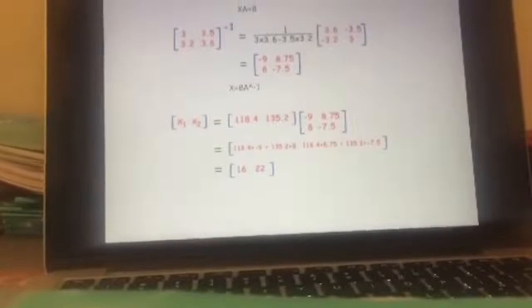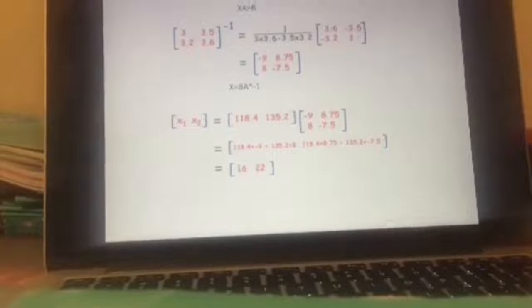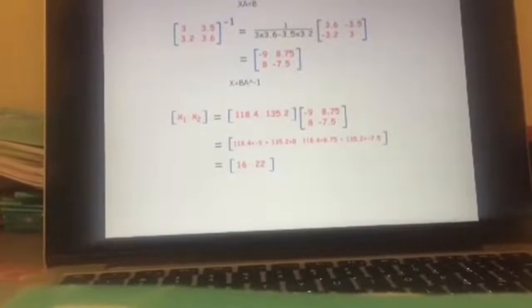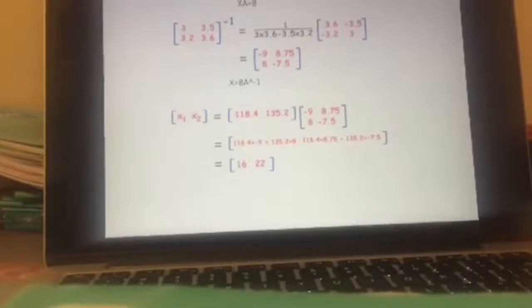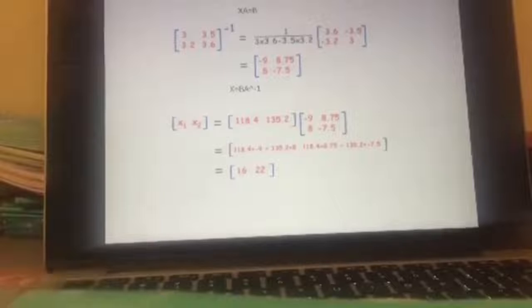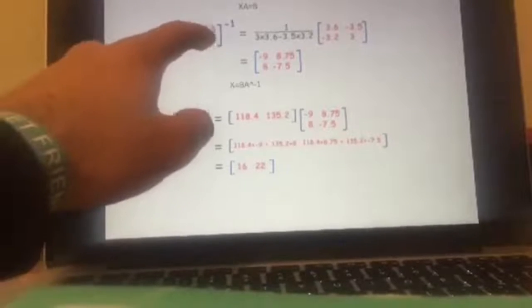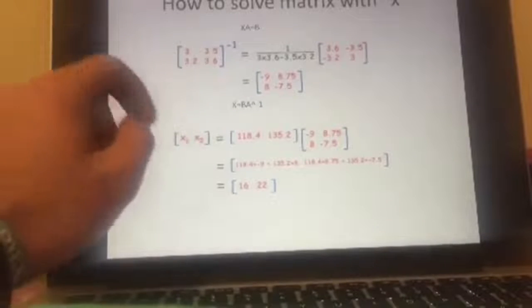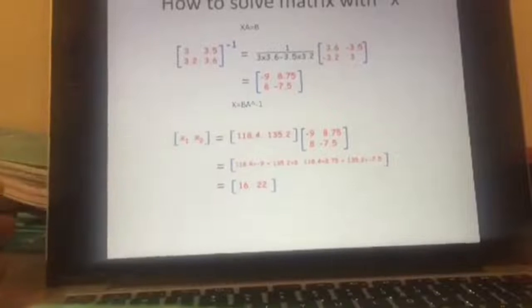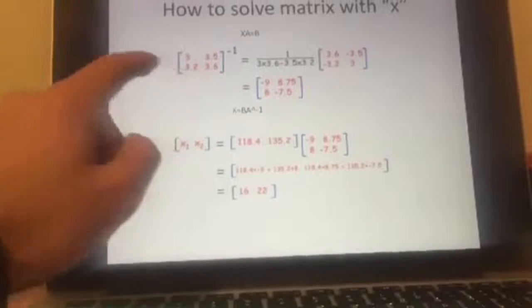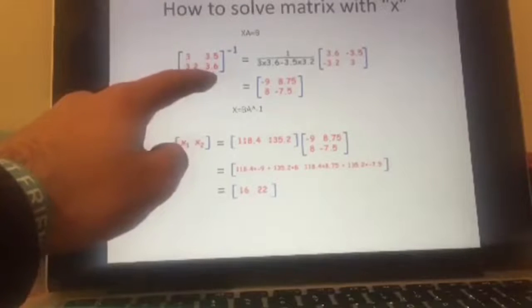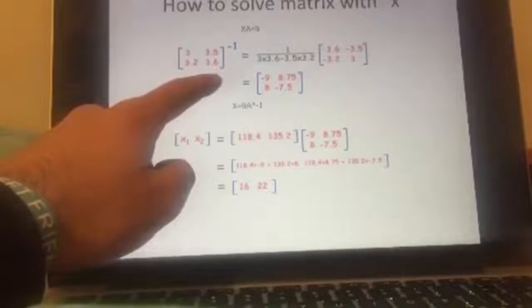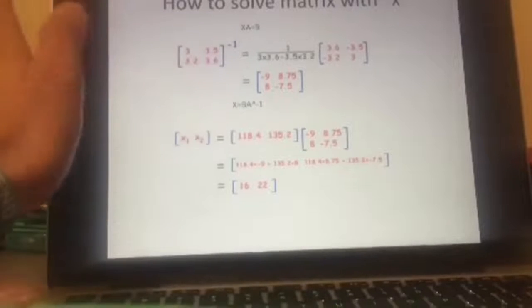Now last but not least, we are left with simultaneous equations using matrices. Now in this case, let's take the scenario of a family. The kids' bus fee is $3, adult is 3.5, and the total is $118. Then on a train ride it's $3.20 for a child and $3.60 for an adult.